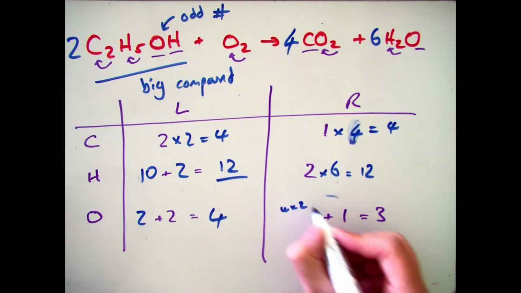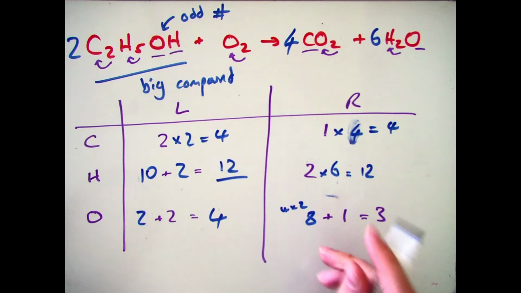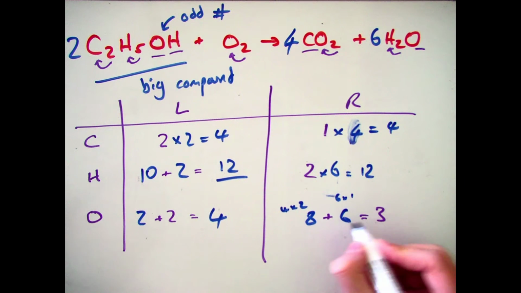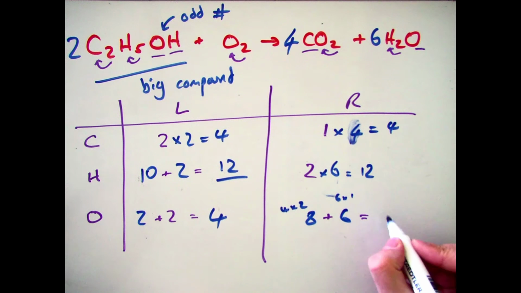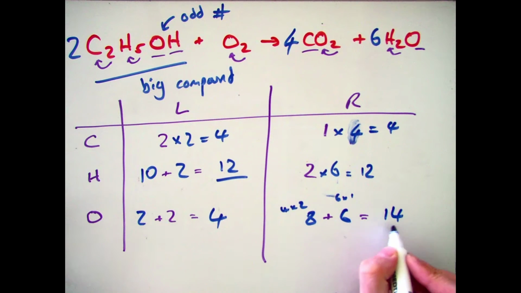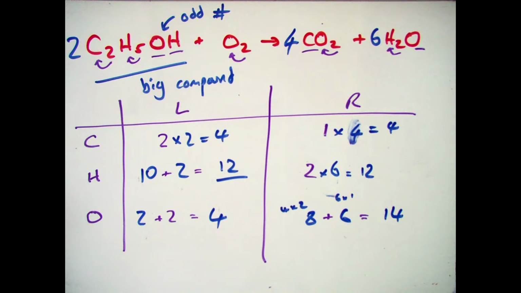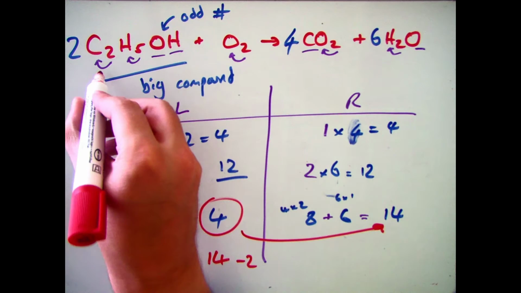So I have 4 times by my original 2 in my carbon dioxide, which gives me 8. And I had 1 oxygen in my water. I've times that by 6. So therefore, 8 plus 6 gives me 14 in total. My carbon and my hydrogen are balanced, but my oxygen I've got to sort out. Now this gets a little bit more complicated because I've got 2 oxygens from my C2H5OH.